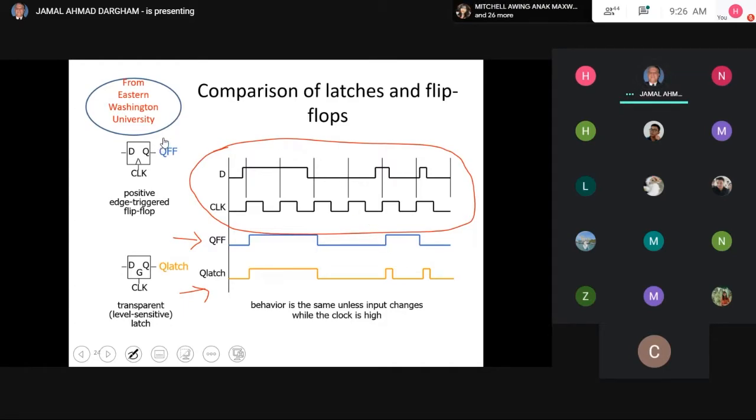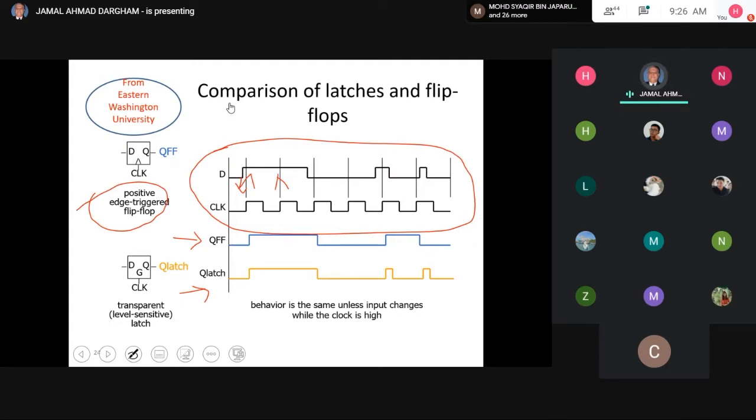Okay. So the difference between them: the flip-flop is a positive edge trigger, which means changes occur at the positive edge of the clock.